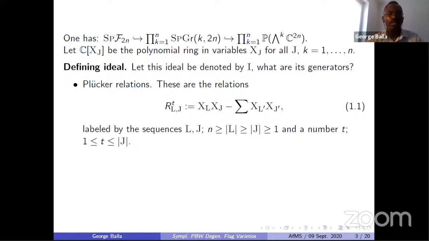What they are, we can just label them by R, L, J, and the number T. So L and J are sequences, one shorter than the other, and their length lying between 1 and n for the complete symplectic flag variety. The number T is lying between 1 and the length of the shorter sequence.